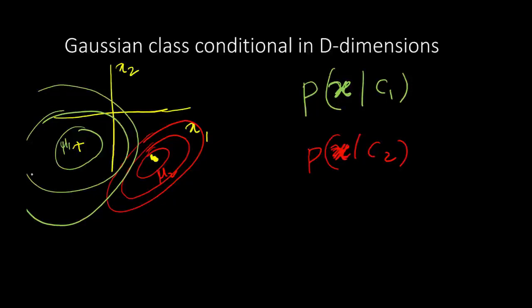So what is the formula for the class conditional distribution?